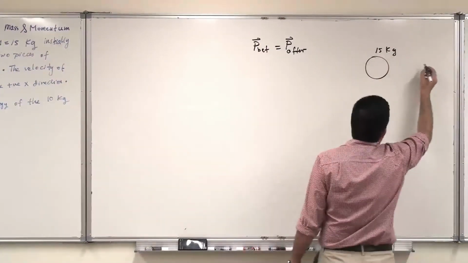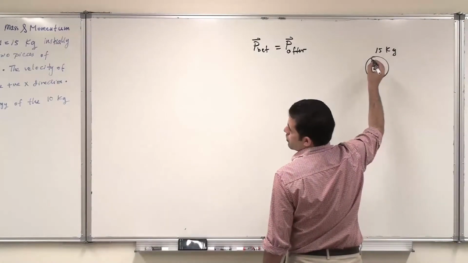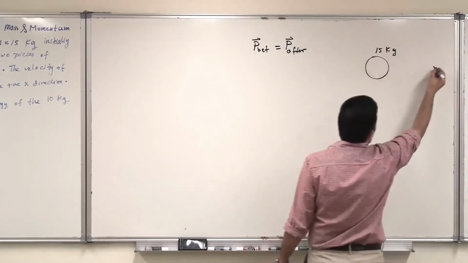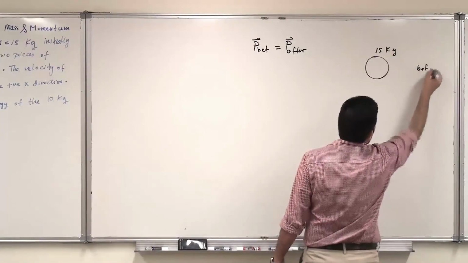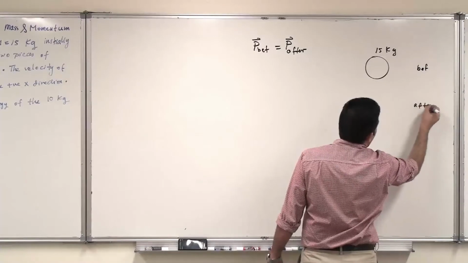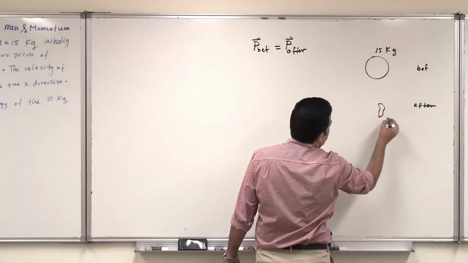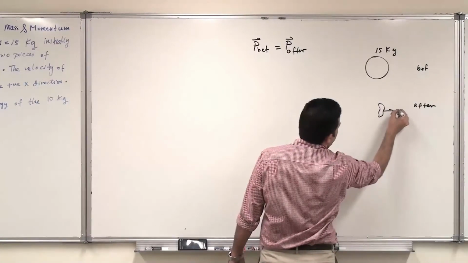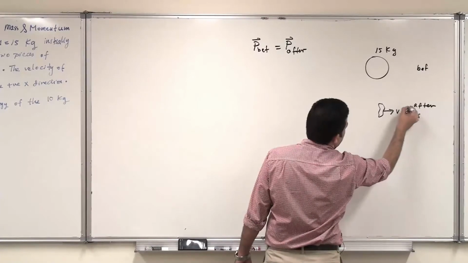When it explodes, there is a fragment of 5 kilogram. So this is before, and then after, there is a small fragment of 5 kilogram moving with velocity 4 meters per second in the positive x direction.